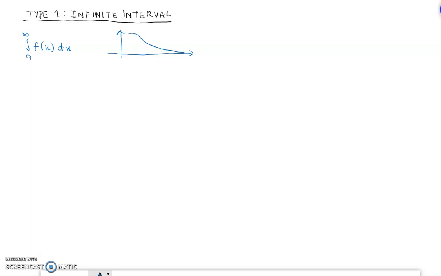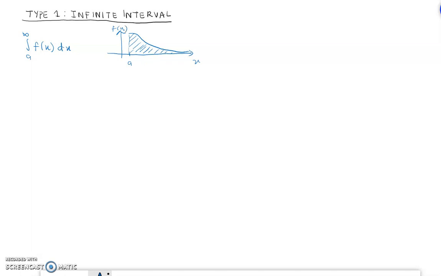The interval starts from a, and it ends at infinity, which is a very big number.